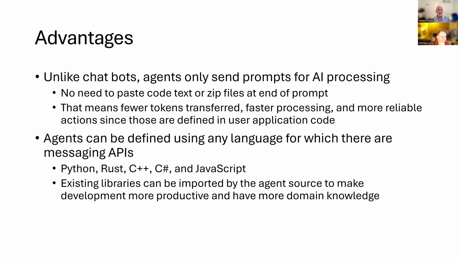Okay, so unlike the chatbots, agents send prompts for the AI processing they want. You may have a lot of background files, and the LLM doesn't need to know all about all of them, and you basically just send with the agent a prompt with just the information that the LLM needs to do what you're asking it to do.